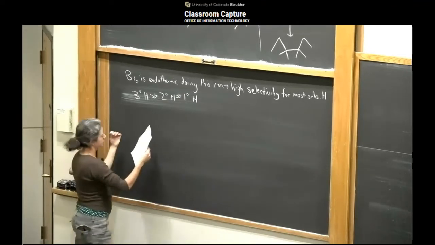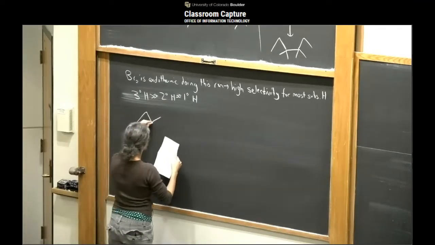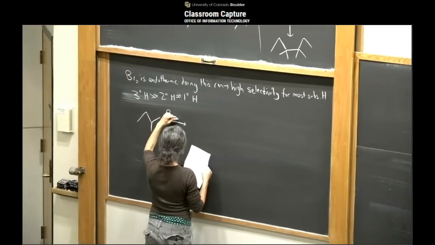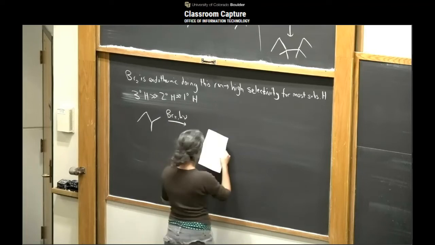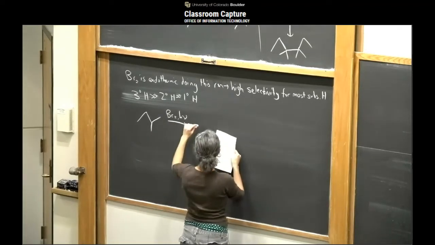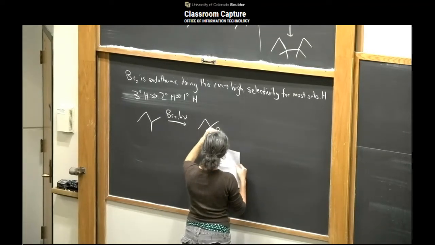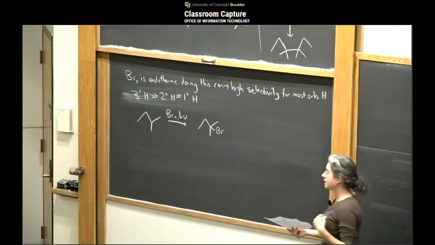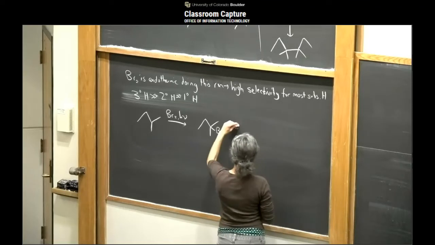So in other words, if you take this same molecule again and hit it with Br2 and H nu, just writing it all together on the arrow there, you're going to get the same thing that we showed up here, just drawn a little differently, as the only major product.